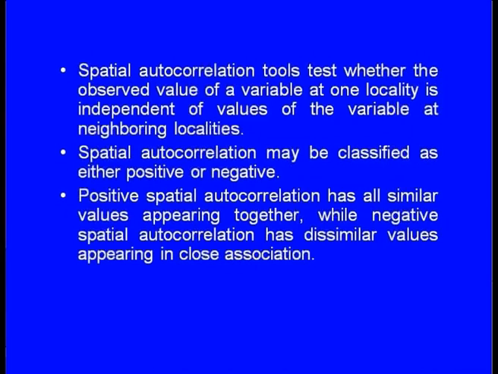Spatial autocorrelation may be classified as either positive or negative. Positive spatial autocorrelation has similar values appearing together, while negative spatial autocorrelation has dissimilar values appearing in close association.